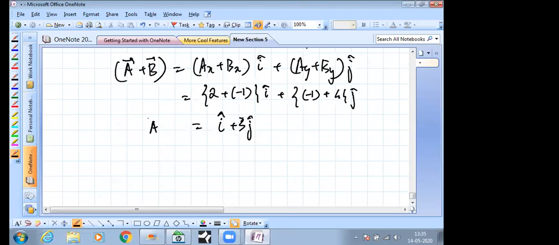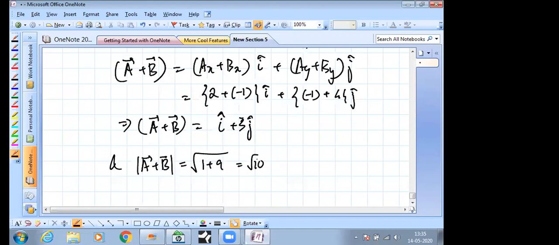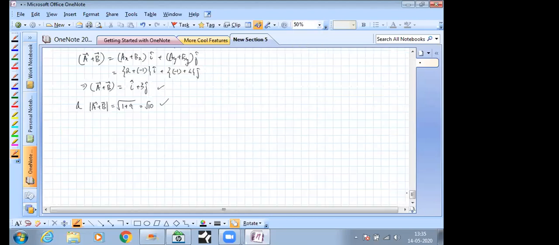So A plus B in component form will become like this, and therefore magnitude of A plus B just becomes root of 1 plus 9. So that is something you have to be mindful of while doing questions.